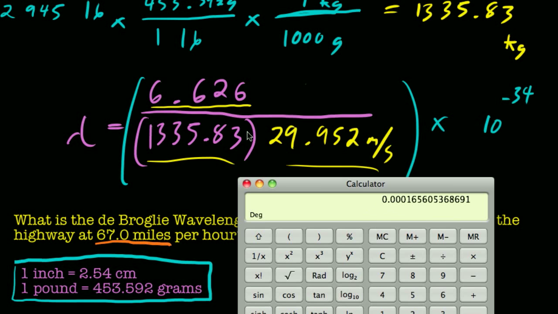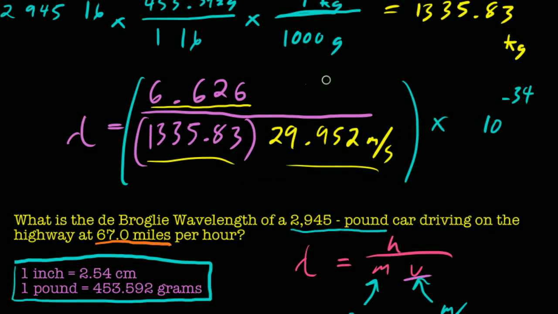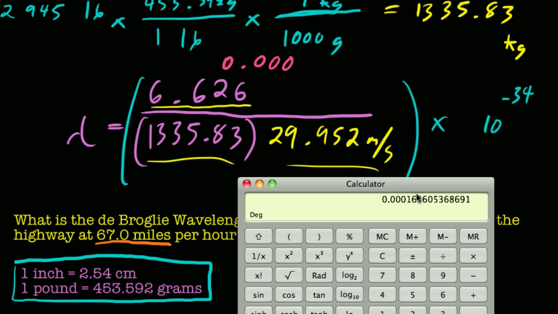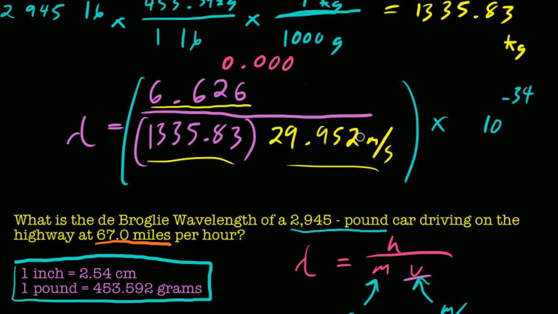Let me write down, this number came out to 0. Was it 3 zeros or 4 zeros? Okay, so 3 zeros, 0, 0, 0, 1, 6, 6 was what this number came out to.